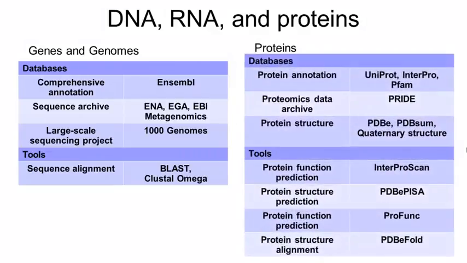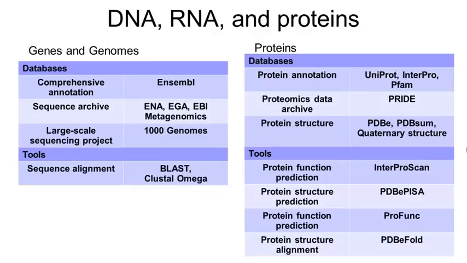For protein sequences and functional domain annotations, EBI provides several very useful secondary databases, including UniProt, InterPro, and Pfam. In addition, it hosts PRIDE, which is a large repository of mass spec proteomics data. EBI also provides data on protein structures in resources such as PDBe, PDBsum, and quaternary structure.